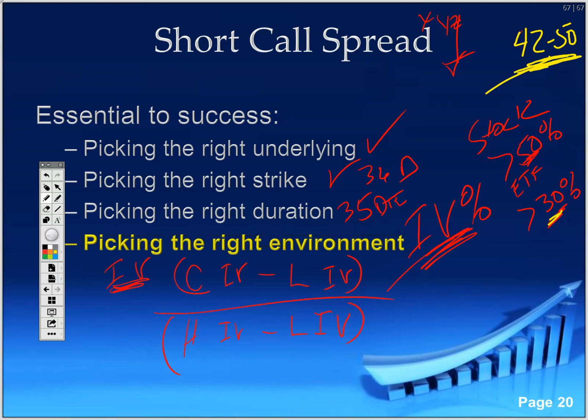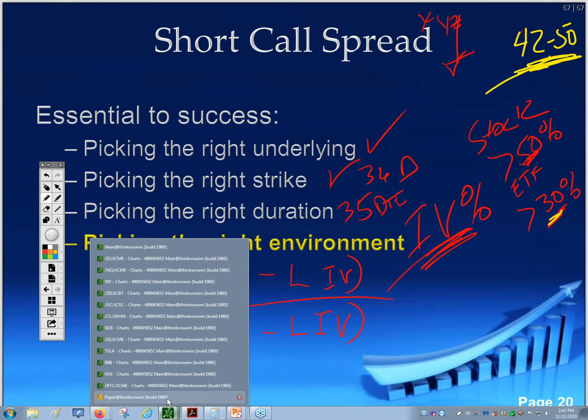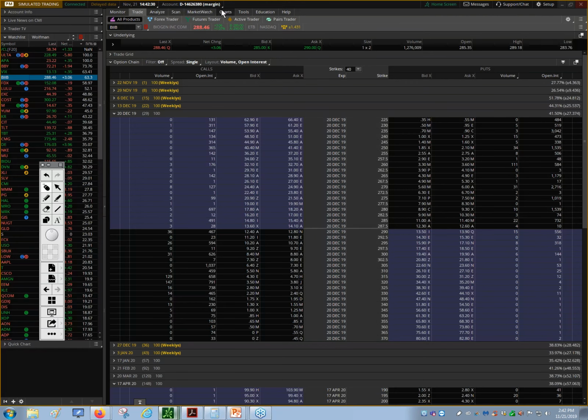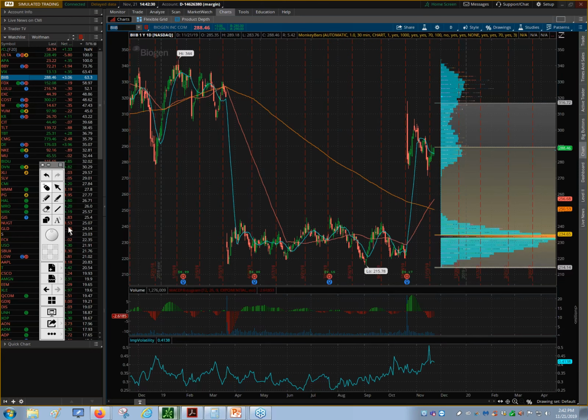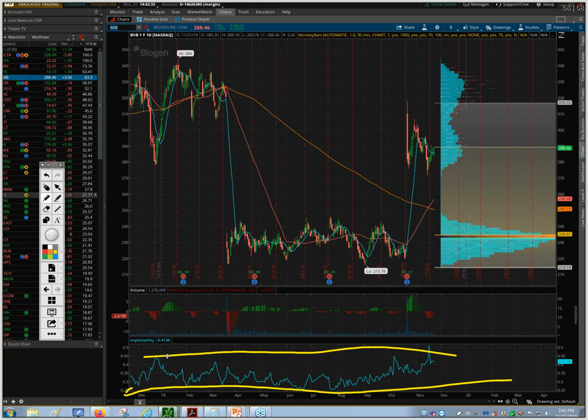But one thing to know, you do have the luxury of knowing, if we go over to the chart, you can see that we have basic areas where the market wants to stay within.